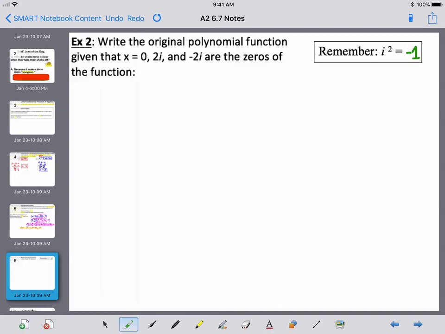All right, so again, we have these three zeros, 0, 2i, and negative 2i. We're going to write the factors that would give us both solutions. The first is simply x. Then we have x plus 2i and x minus 2i. So we have our three solutions.